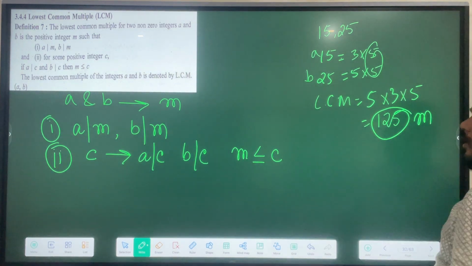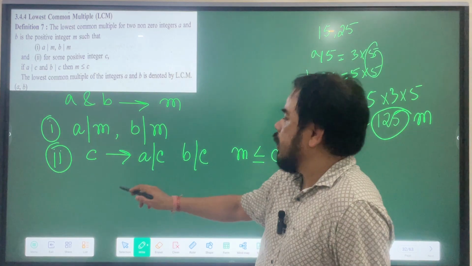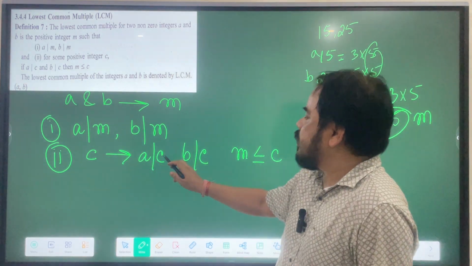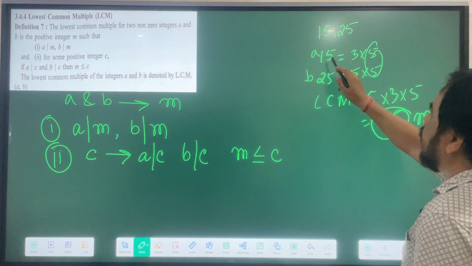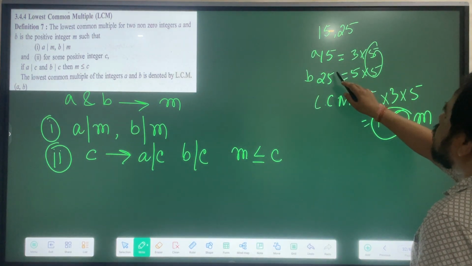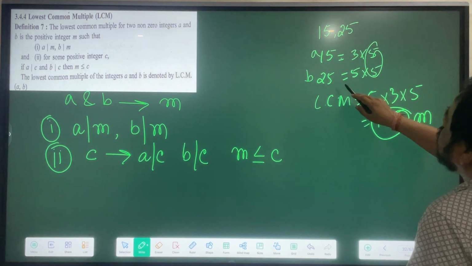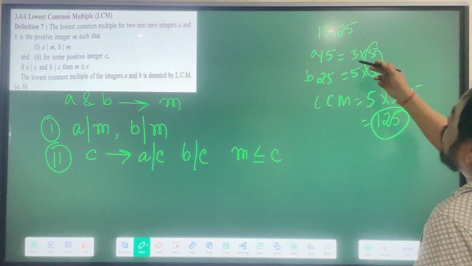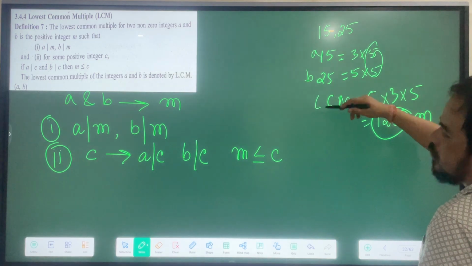There is another number, C, which A divides, B also divides. Another number. A divides C, B also divides C. Another number.